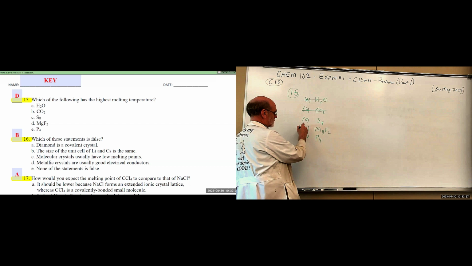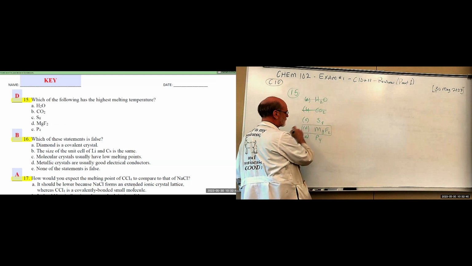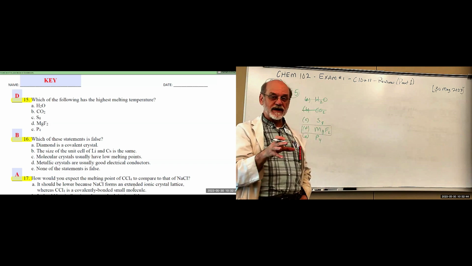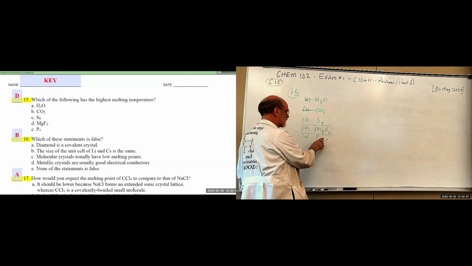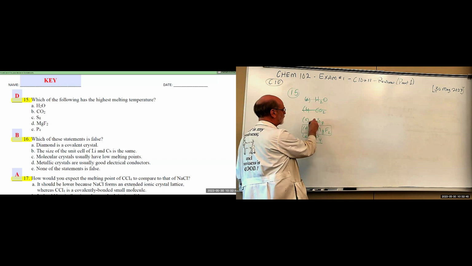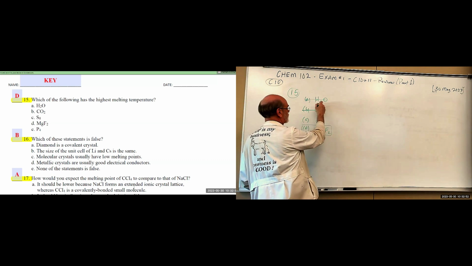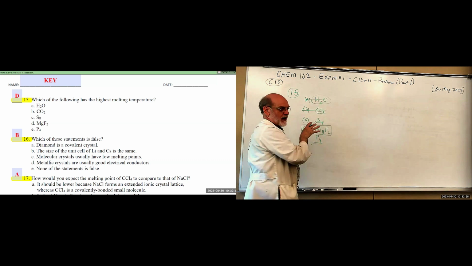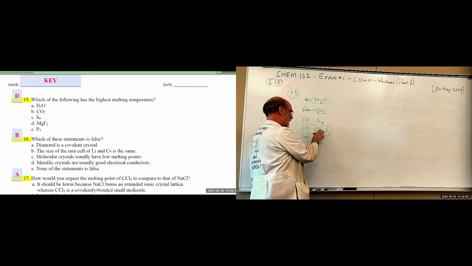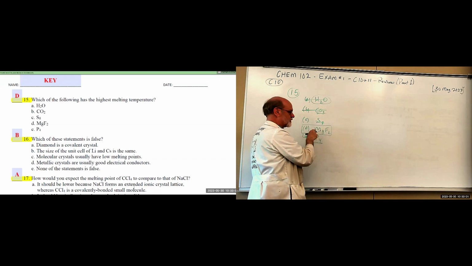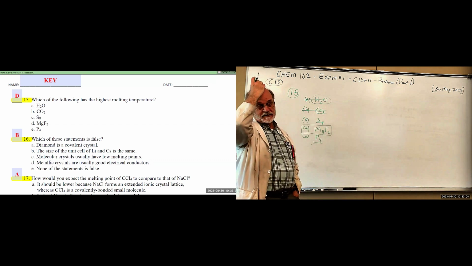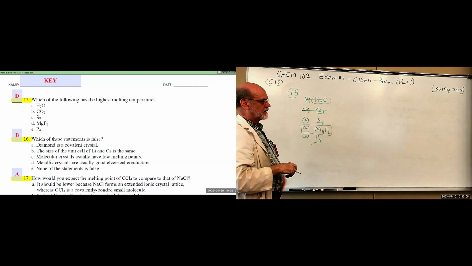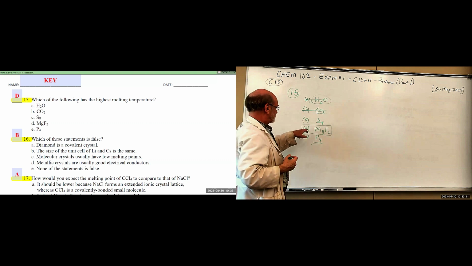And here it is right here. This is an ionic solid, and the electrostatic attraction between magnesium ions and fluoride ions is much stronger. This is nonpolar, that's nonpolar, that's nonpolar. This is polar, but it's still only dipole-dipole and hydrogen bonding. The forces between these ions are much, much stronger. So there's our answer. That has the highest melting temperature.